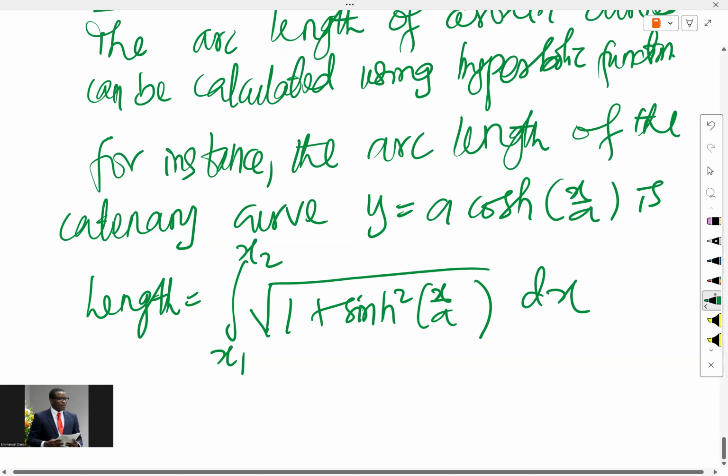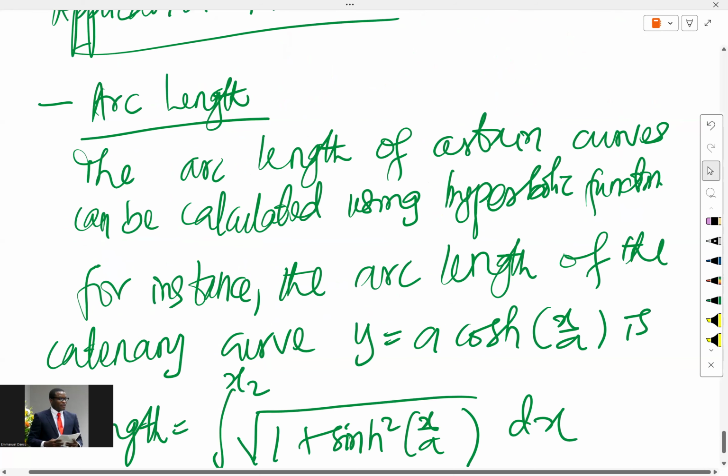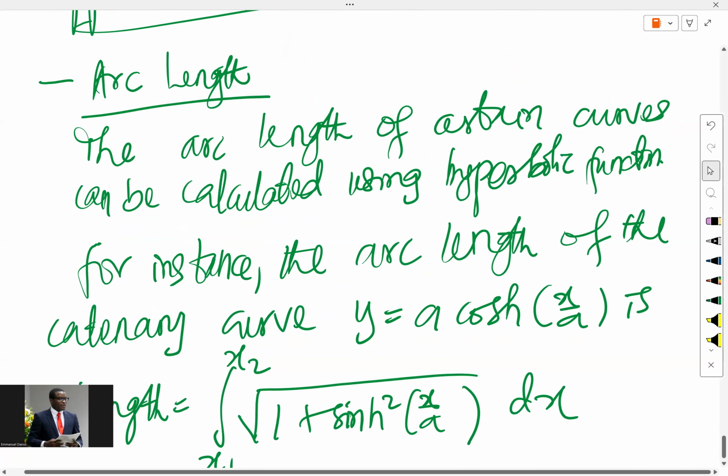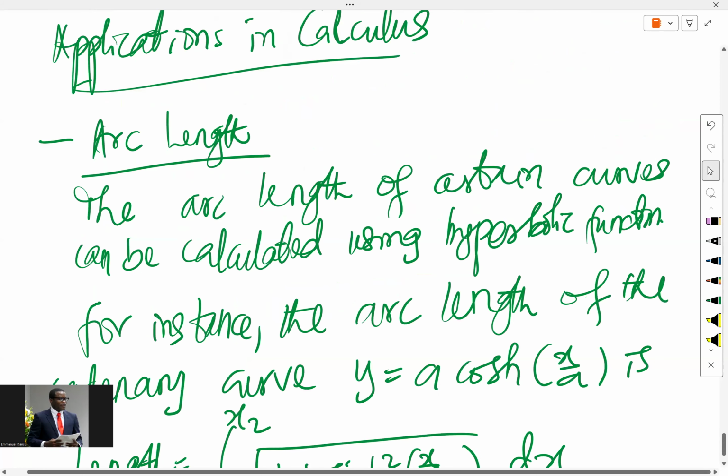So once you integrate this, you're going to get the length of the catenary. So if you work with cables hanging on two poles or something, this is very useful for you when talking about application.